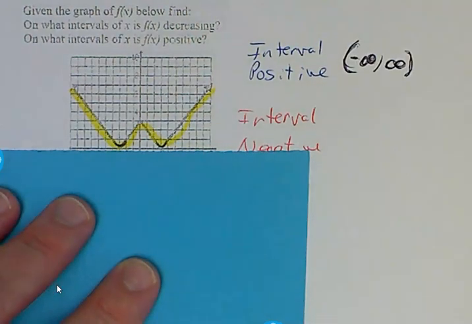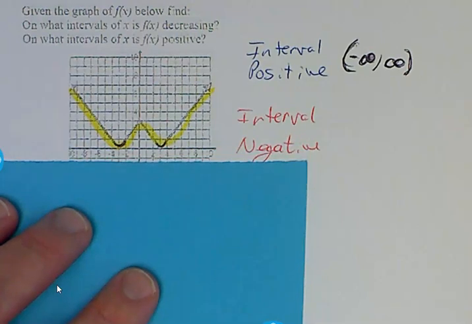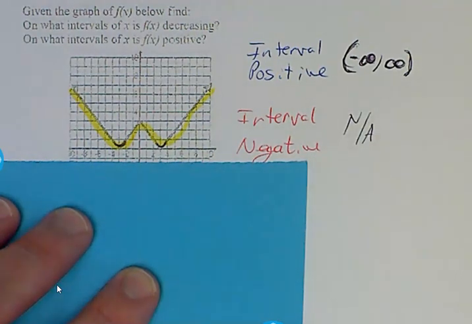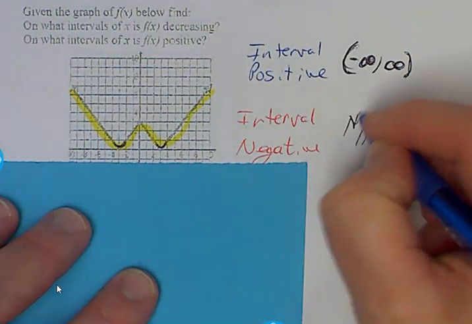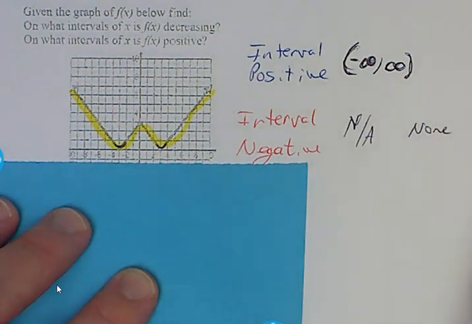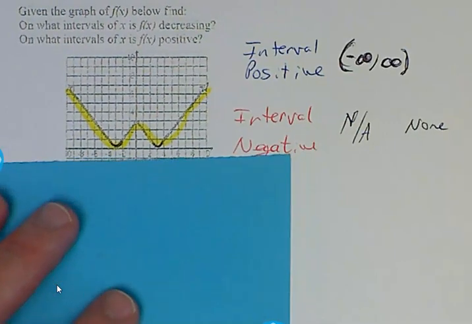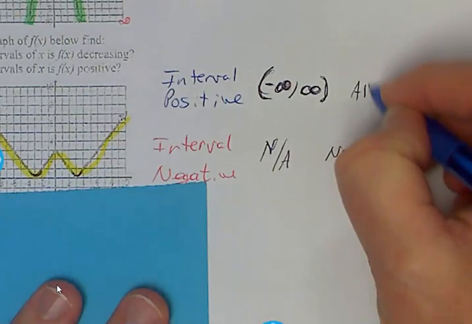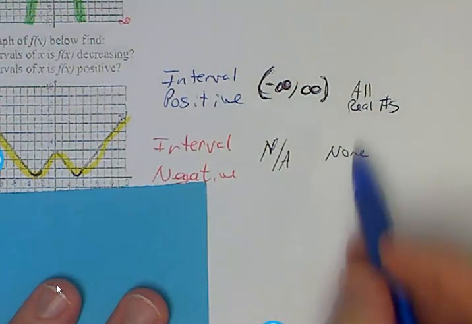Okay, which means if everything is positive, what's negative? Nothing, right? So it should be an NA, or you could put none, or something like that. Usually a lot of times, especially with Math Excel, they'll give you an option where you've got all real numbers, and then they also have no numbers.